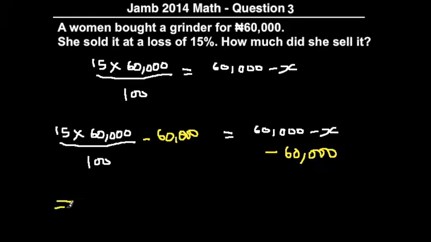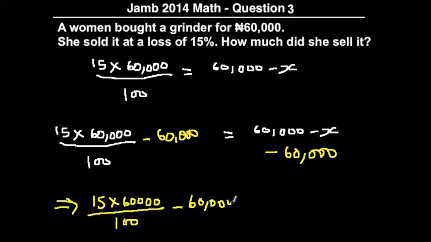And further simplification leads us to the following: 15 times 60,000 over 100 minus 60,000 is equal to minus x. If we cross out the 100 from the denominator on the left side, we can remove two zeros on the right side.